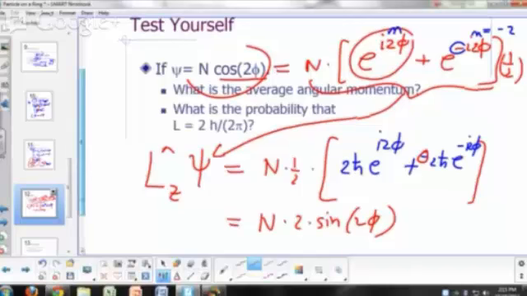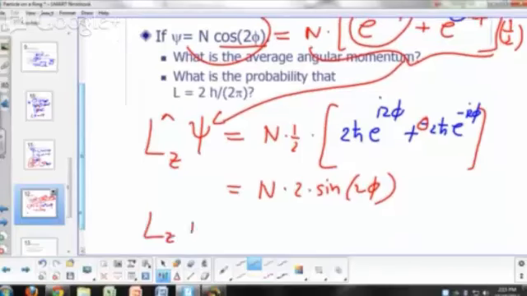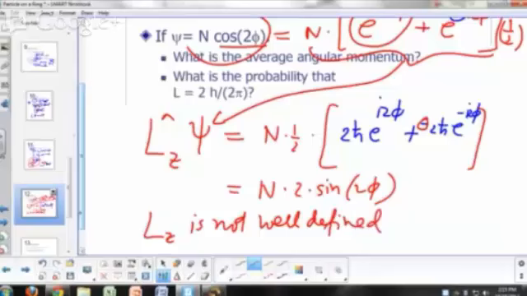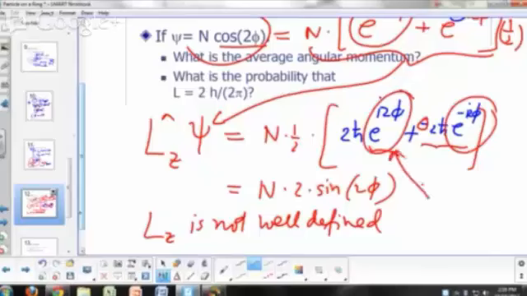So you say that Lz is not well defined. In fact, since it's a linear combination of two eigenfunctions that have well-defined Lz, what's the Lz that corresponds to this one? It's 2ħ, right? And the Lz that corresponds to this is -2ħ.